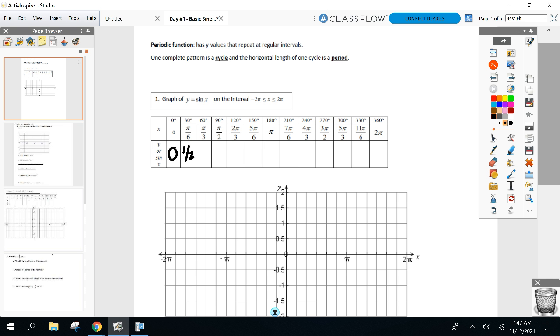Sine of 60, yep, radical 3/2, but that's kind of hard to graph. So can you give me maybe 2 numbers after the decimal? 0.8, 7, 6? I'll go 0.87. There it is. Sine of 90, let's keep going. 1. That's the y coordinate at 90.